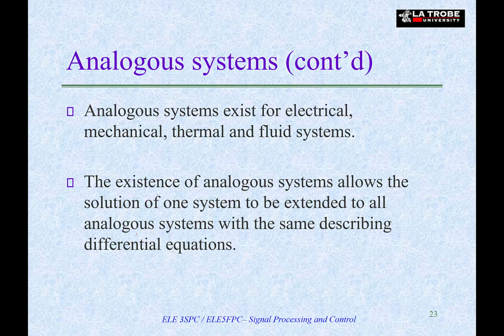On the surface, they don't share any commonality, but they actually arrive at the same describing equations. And these two systems are analogous systems because they have the same mathematical equations to describe them. The existence of analogous systems allows us to extend the solution of one system to all of the analogous systems with the same describing equations.